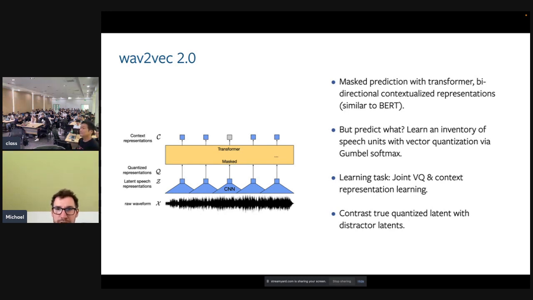And the way we do this is by taking those blue squares and quantizing. Each one of those squares is a vector of numbers, what's output by a convolutional neural network. What quantization means is that we assign each one of those blue squares to an inventory of fixed units.